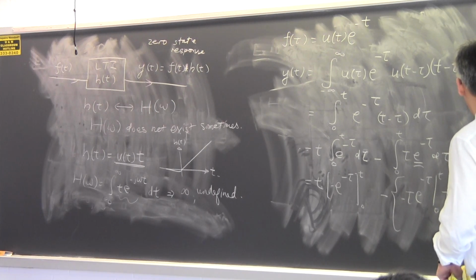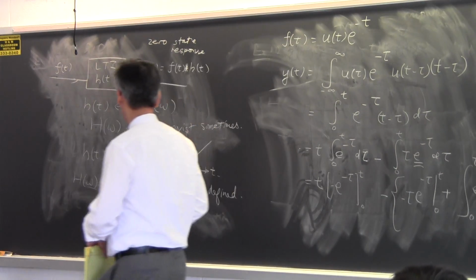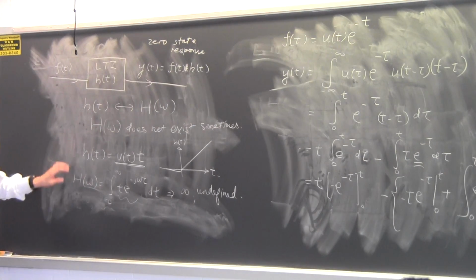This should be a t. And you see that I can get finite values all the time. So y of t is definitely finite. So y of t exists, even though H of omega does not exist.